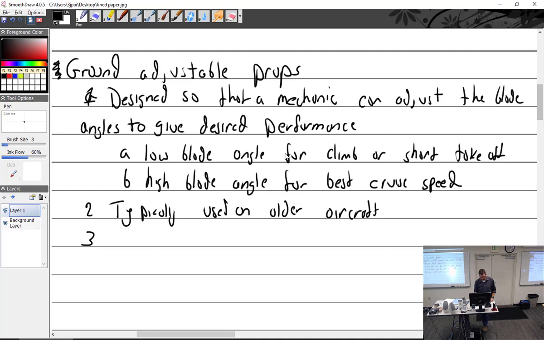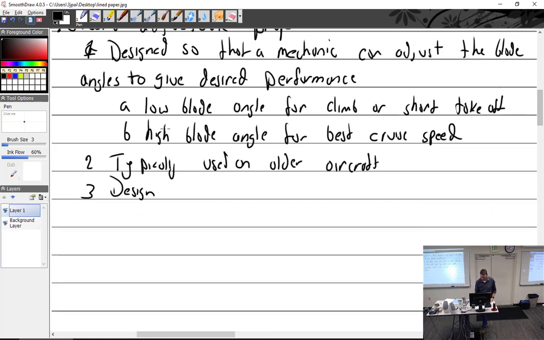All right, the design of this thing. The design has a two-piece hub design. It has those clamp rings on it.